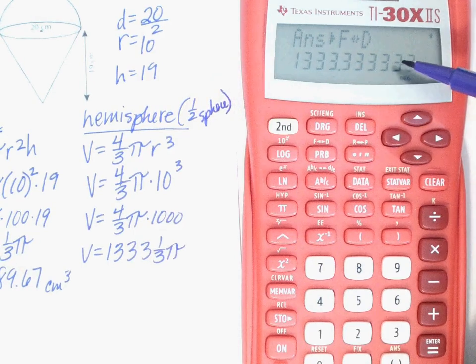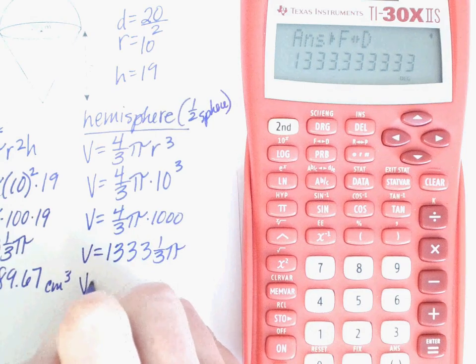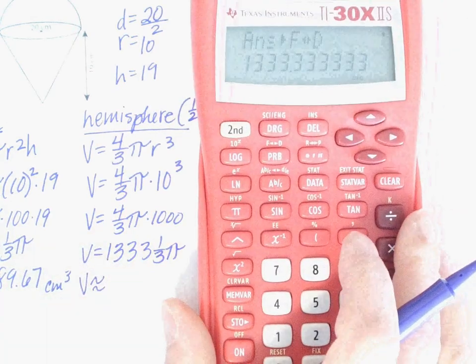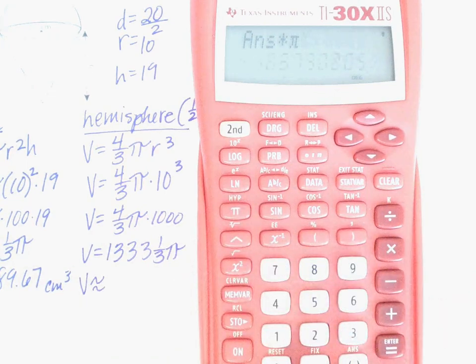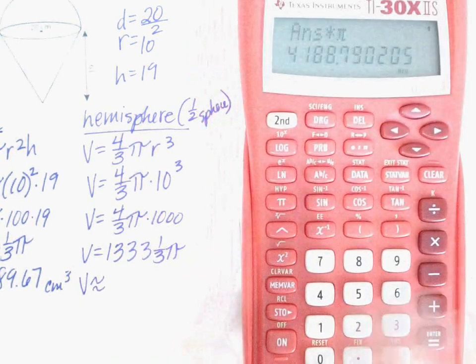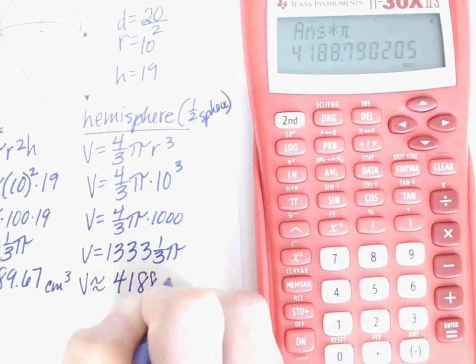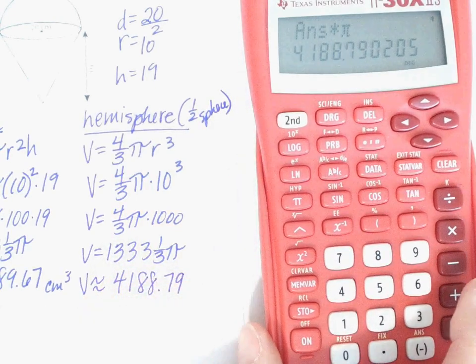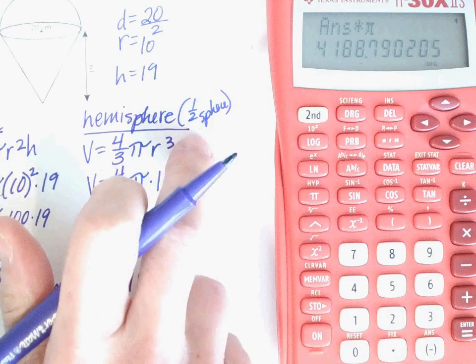But my next step is to get my rounded answer. So I'm going to leave what I have times pi, and then I get 4,188 and 79 hundredths. Okay? This, remember, is the volume of a full sphere. We need half a sphere.